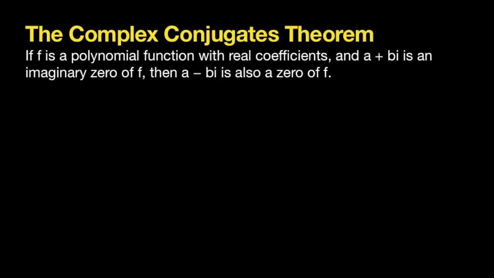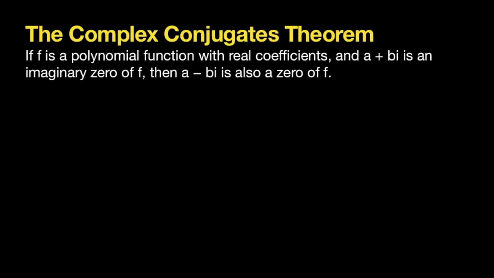The complex conjugate theorem states if f is a polynomial function with real coefficients and you have a plus bi is an imaginary zero, then you also have a minus bi is also a zero of the function. So let's say a is a number and b is a different number. So we're not going to change the i because the i is going to be your imaginary number.